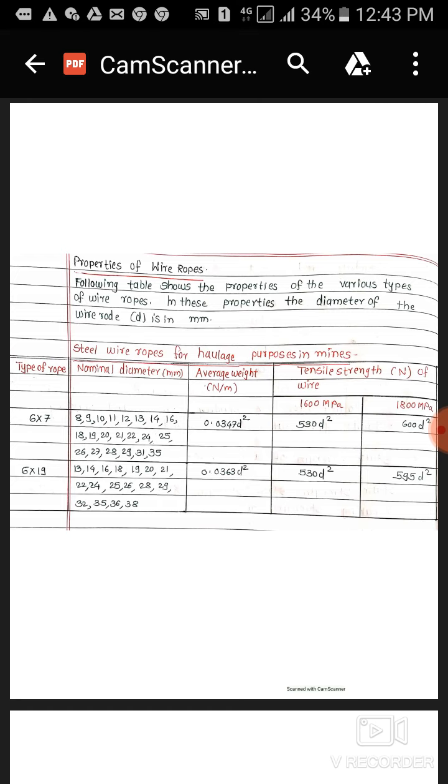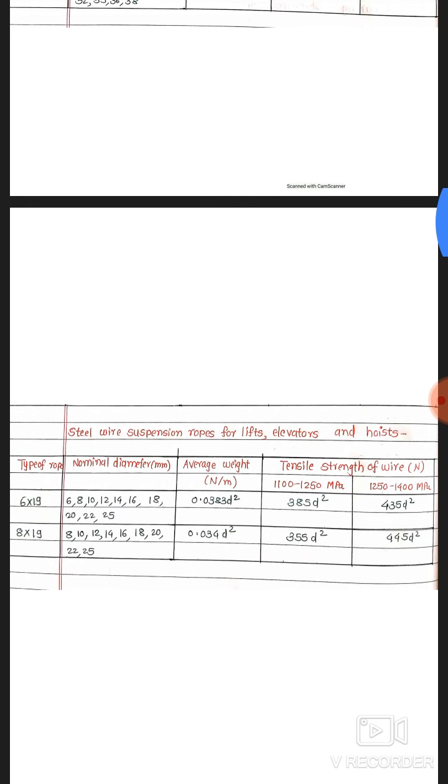Now we see the next application, that is steel wire suspension ropes for lifts, elevators and hoists. Here we use two different types of wire ropes, that is the 6 by 19 type and the 8 by 19 type. For 6 by 19 type, nominal diameter becomes 6, 8, 10, 12, 14, 16, 18, 20, 22 and 25.